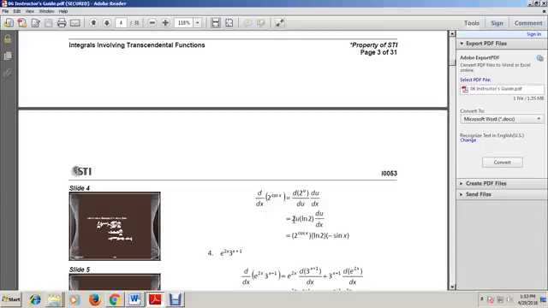This is supposed to be 2 raised to u. So this becomes 2 raised to cosine x ln of 2 times the derivative of u, which is negative sine x. So overall, this becomes negative 2 raised to cosine x ln of 2 sine x.